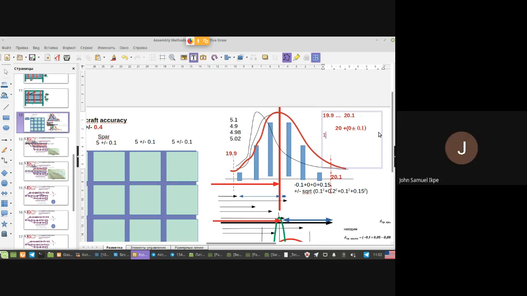Let's try now to understand what next example we will use. Look, 19.5, 19.9. How may we write this demand of tolerance? Look, it's 20, and what is next?